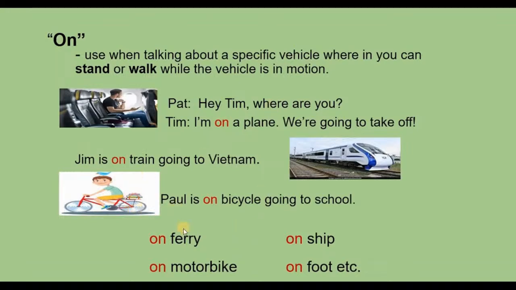Here is another example again, guys. On a ferry, on a ship. So the ship is huge, and when it's in the water and in motion, you can stand up and you can even sit down. Of course, you can sleep, you can walk around.